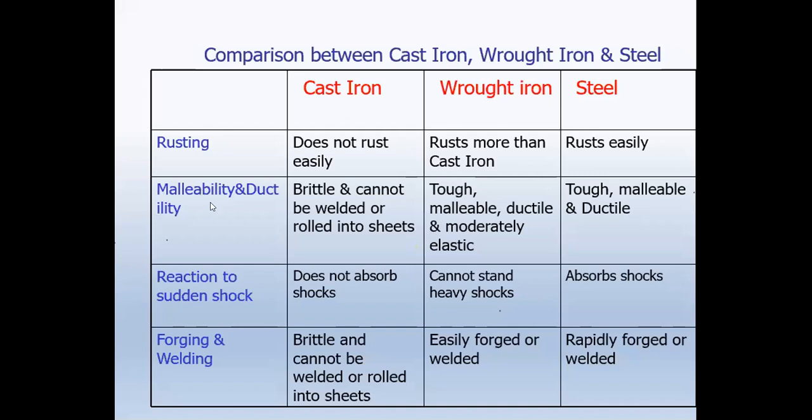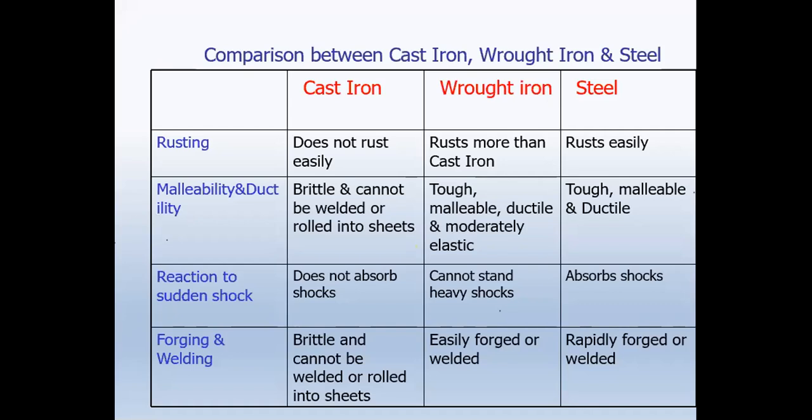If we look at another property, malleability and ductility, you'll see that cast iron that contains high carbon content is very brittle. Cast iron cannot be welded or rolled into sheets. It cannot be formed into sheets because it contains high carbon content, and therefore it becomes very brittle. That is cast iron. With respect to wrought iron, this one is tough.